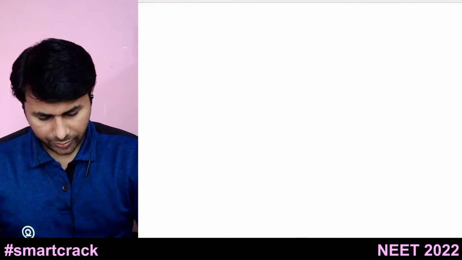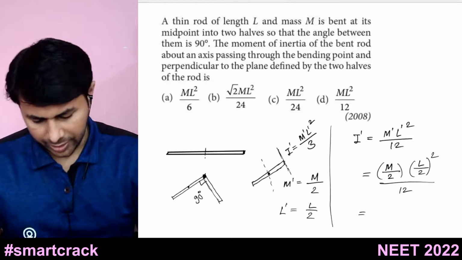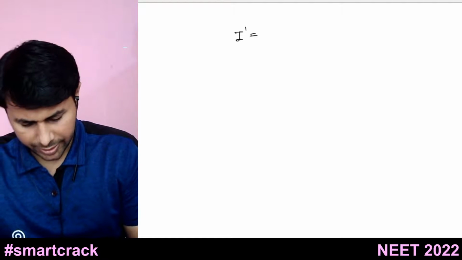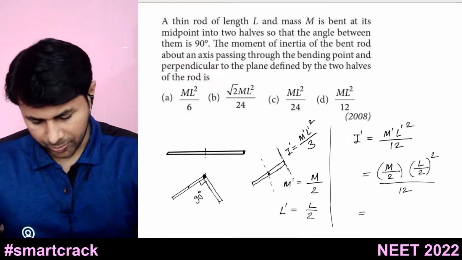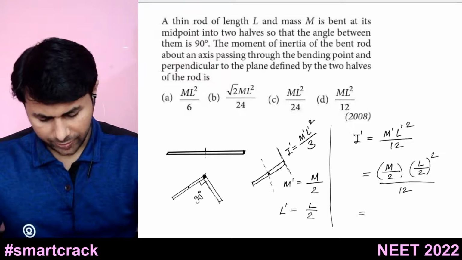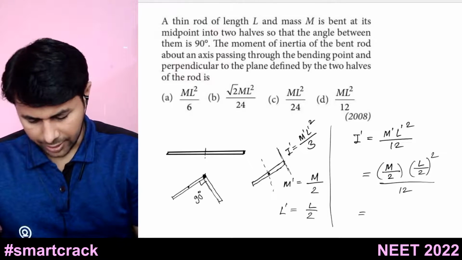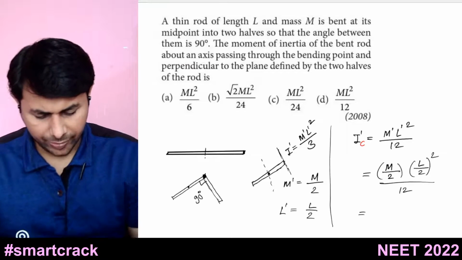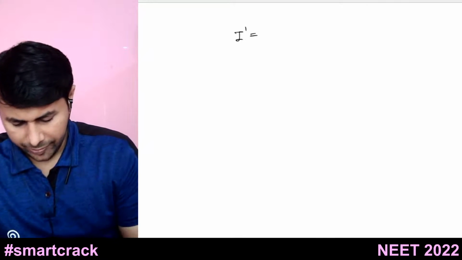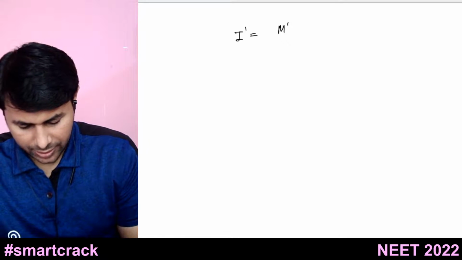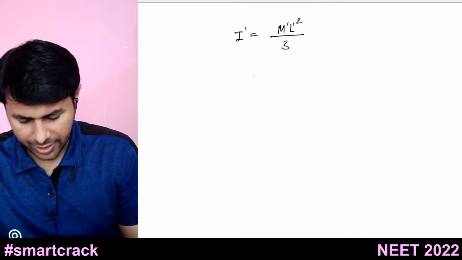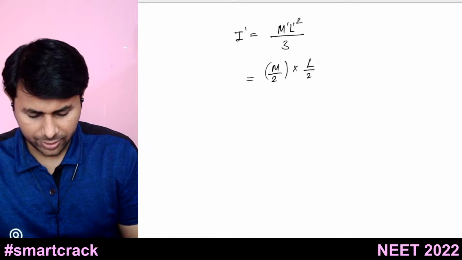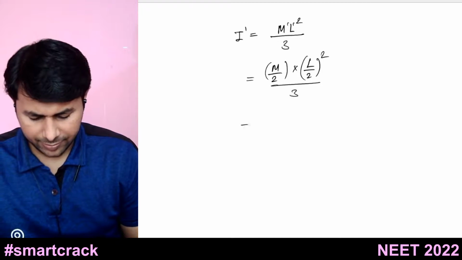So what do we get? For one rod, I dash will be equal to what? I'm talking about the moment of inertia about this point, not the moment of inertia about the center of mass. So it will be m dash L dash square upon 3, which is m by 2 into (L by 2) square divided by 3.